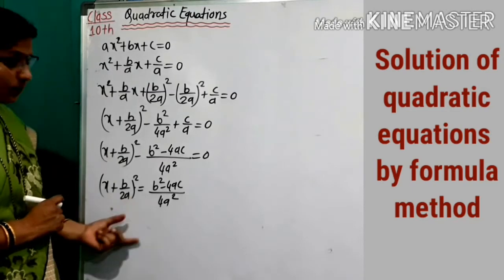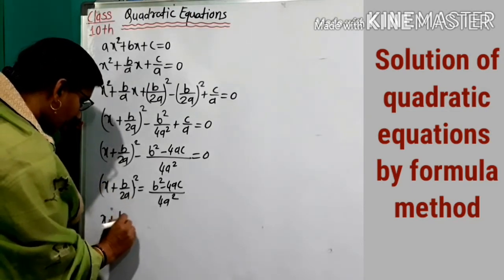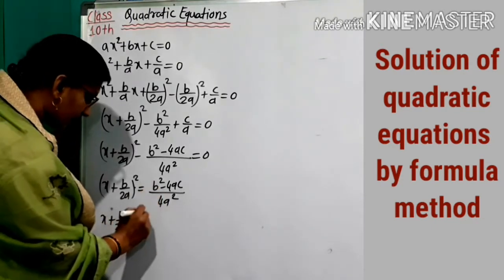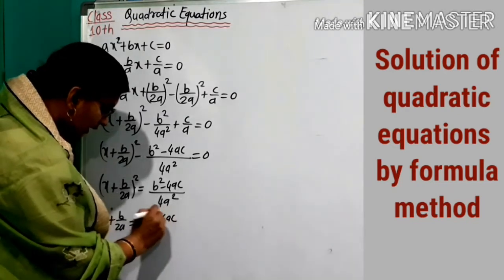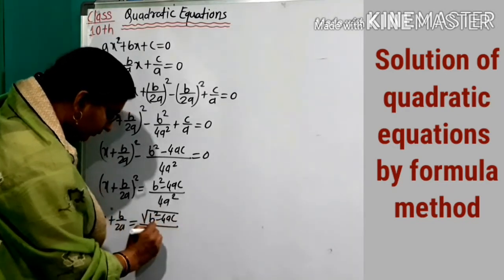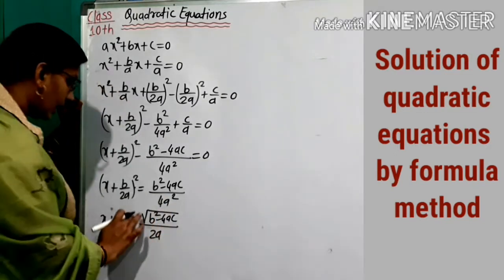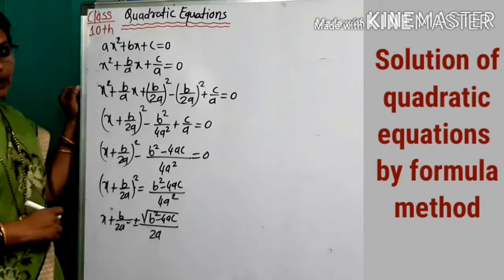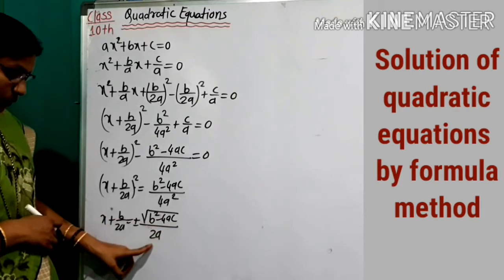Taking square root of both sides, we have x plus b upon 2a equal to square root of b square minus 4ac upon square root of 4a square, which is 2a. And we have two values of this, that is plus or minus root b square minus 4ac upon 2a.